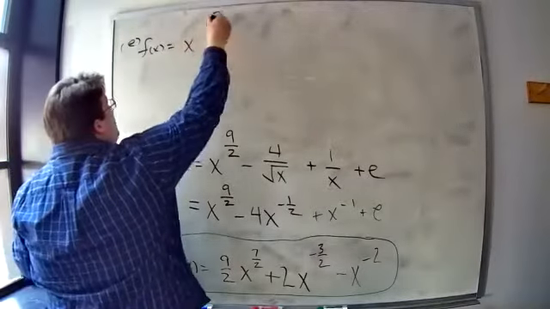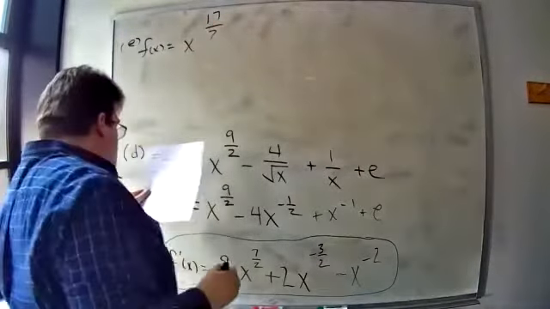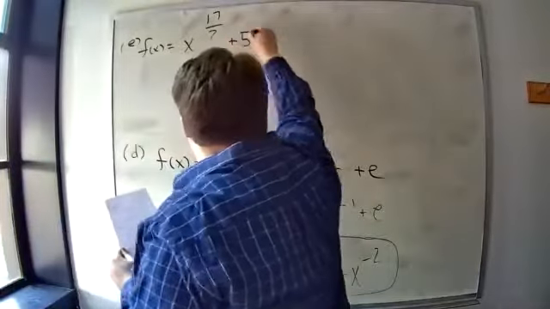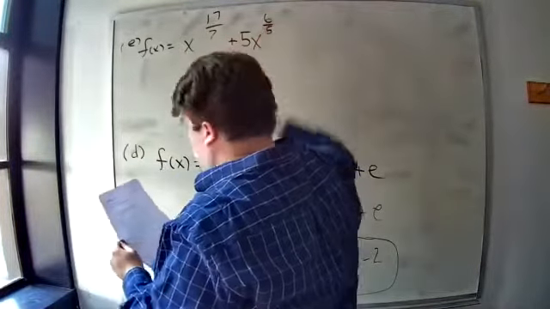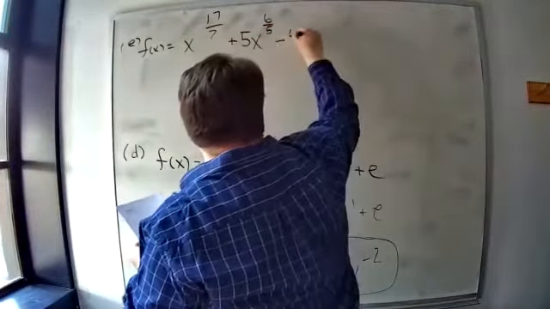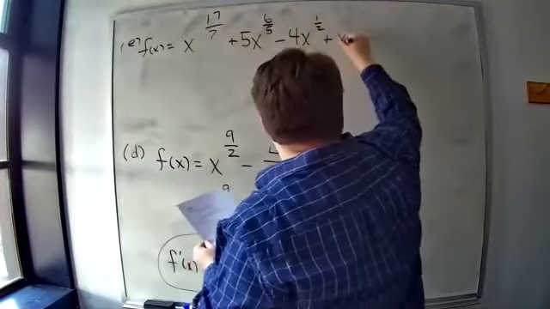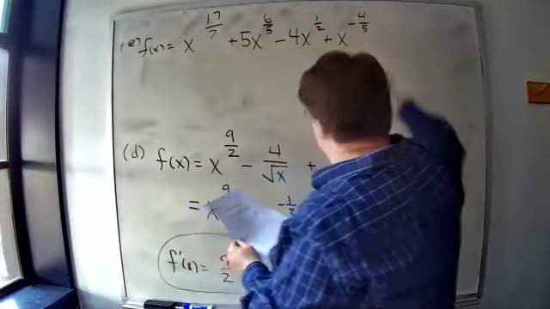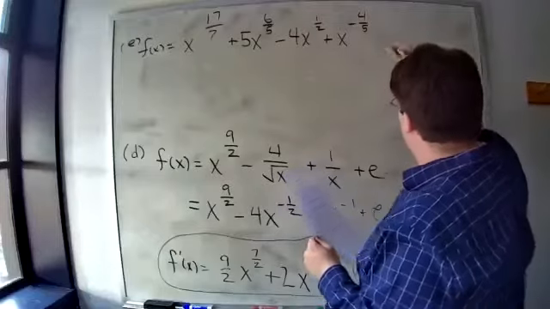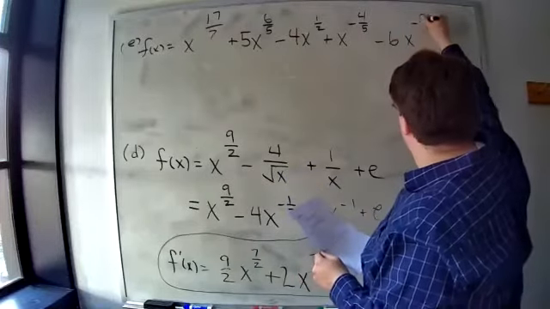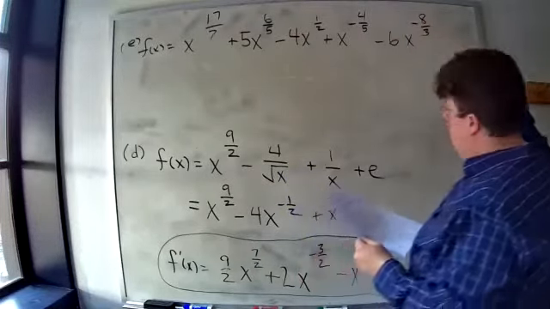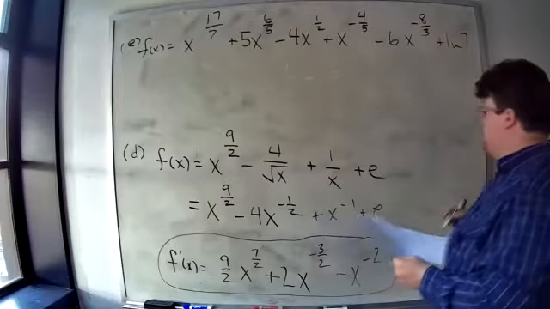So what do we have? x to the 17/7 plus 5x to the 6/5 minus 4x to the half plus x to the -4/5 minus 6x to the -8/3 plus log 7.